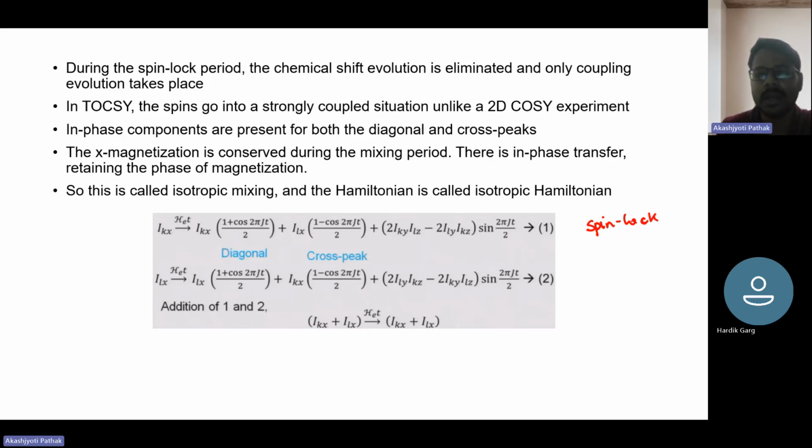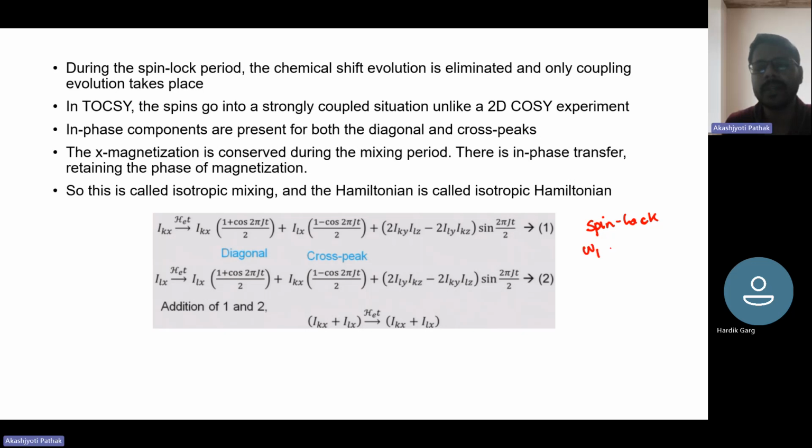First, it causes the proton to get coupled to all other protons in the molecule, and also it results in a strongly coupled situation. Till now, in a 2D COSY experiment, only weakly coupled spin systems were considered.